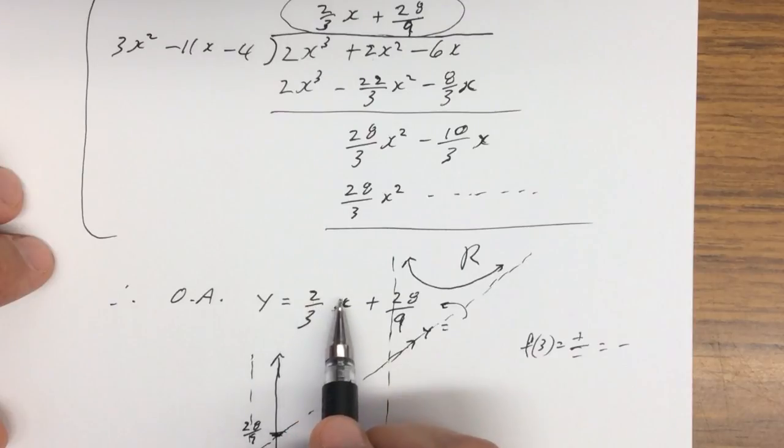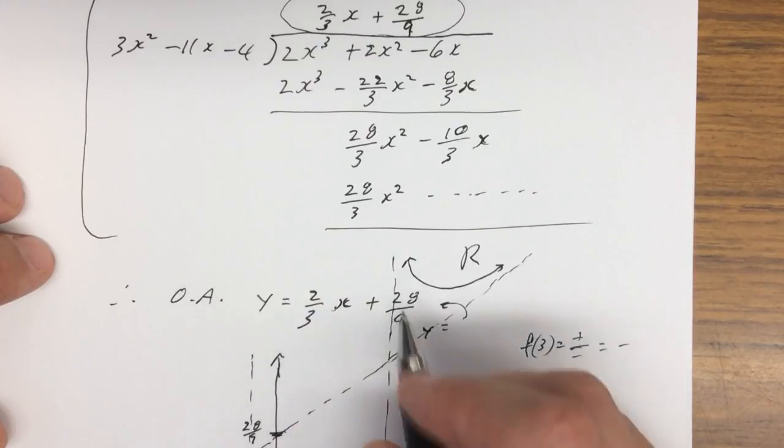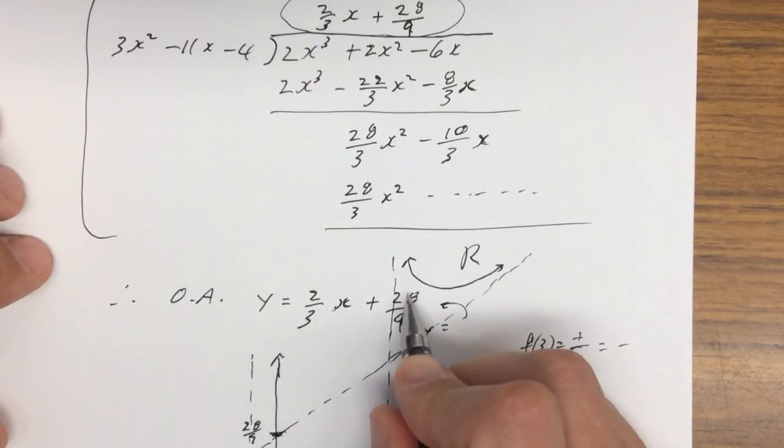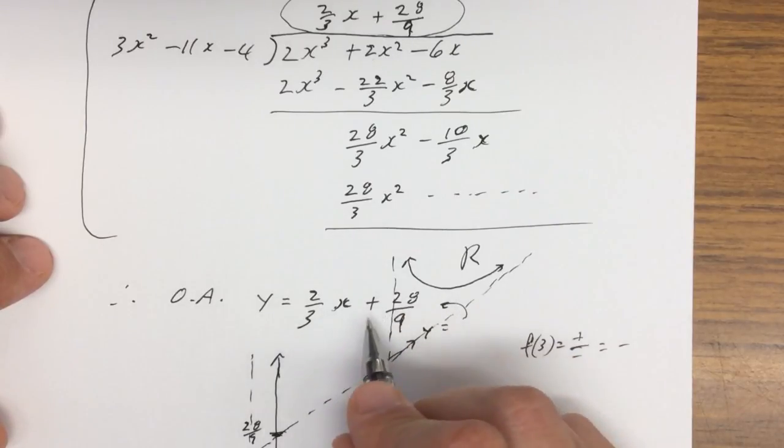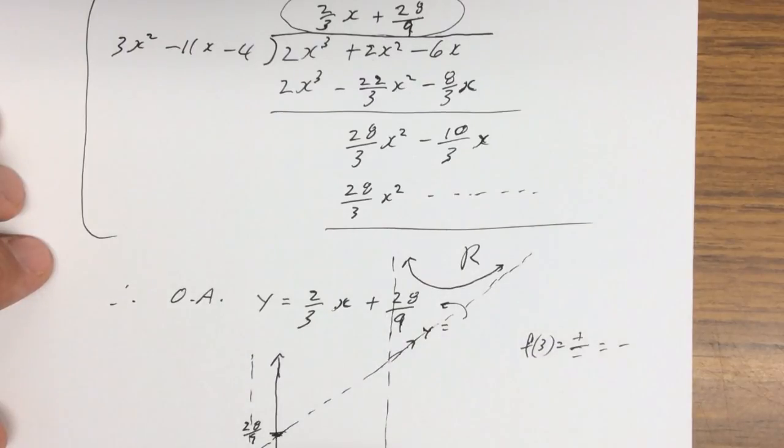So 2 over 3 times negative 3, well, that's going to give me negative 2. Negative 2 plus 28 over 9, well, 28 over 9 is a little bit more than 3, so this is going to be positive at negative 3. So the line should have been more diagonal like this, and negative 3 would be in here somewhere.